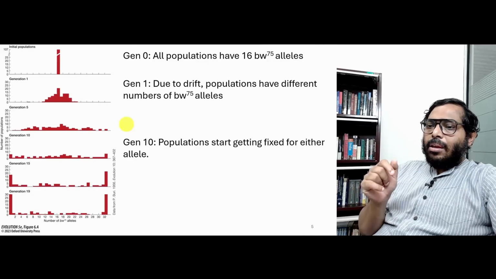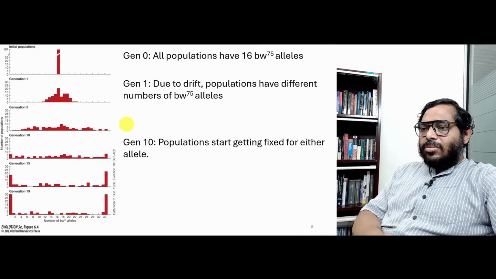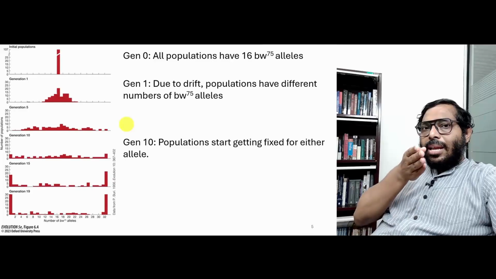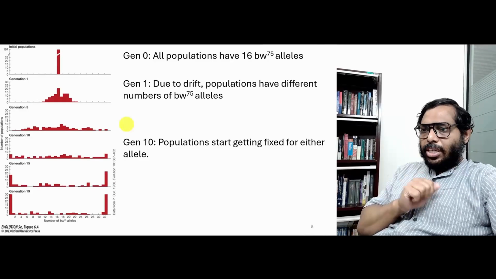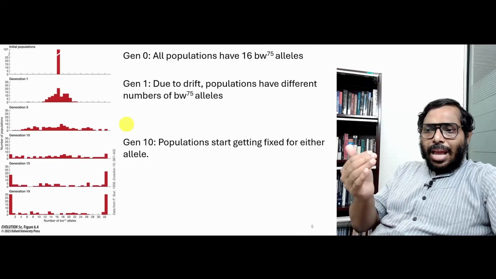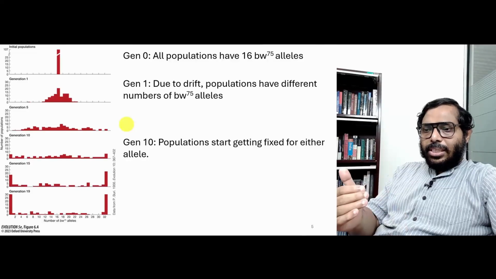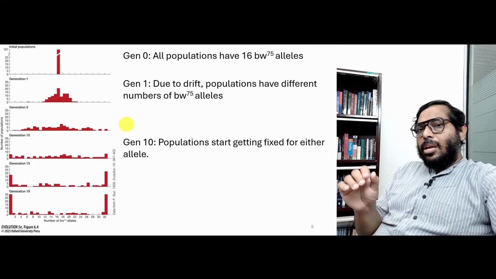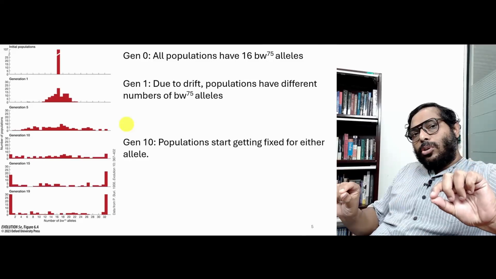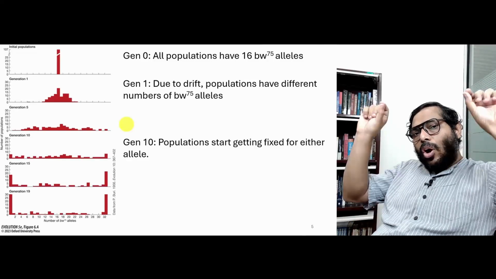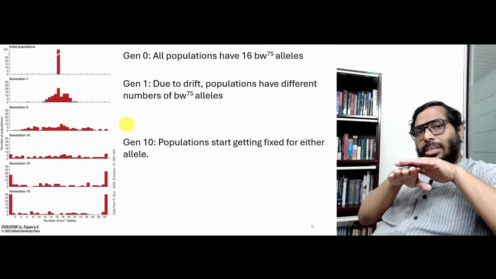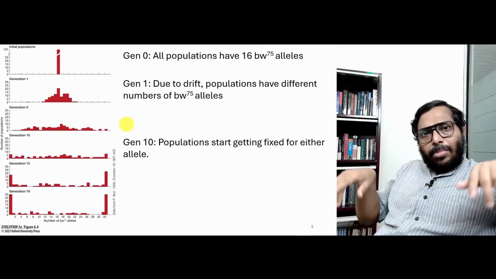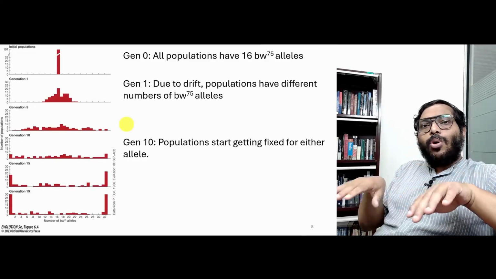How do I know that? Because generation 10 is when for the first time we are getting some populations which have 0 or some populations which have 32. Then as time progresses, generation 15 and generation 19, you can see that the bars on the two sides are becoming taller and taller, and the ones in the middle between these two extremes are becoming smaller and smaller.